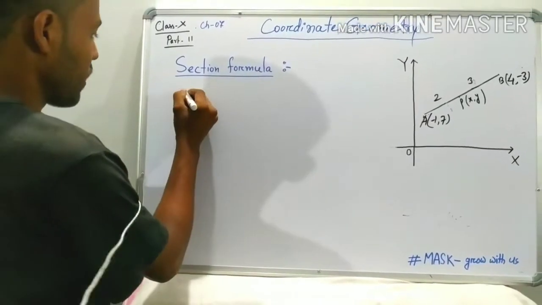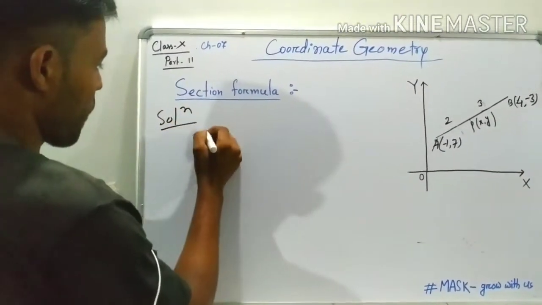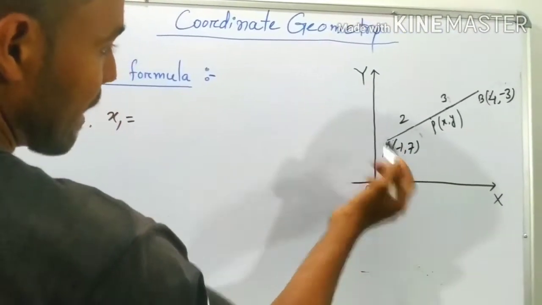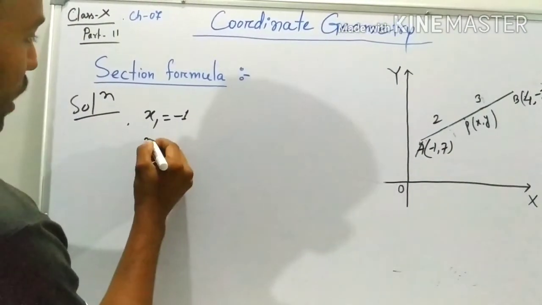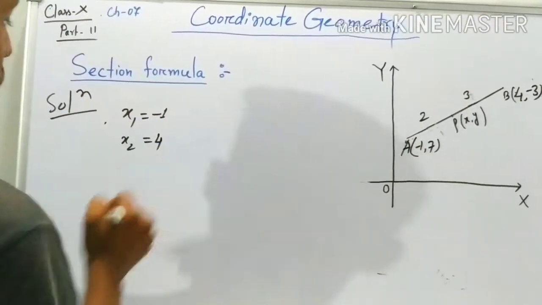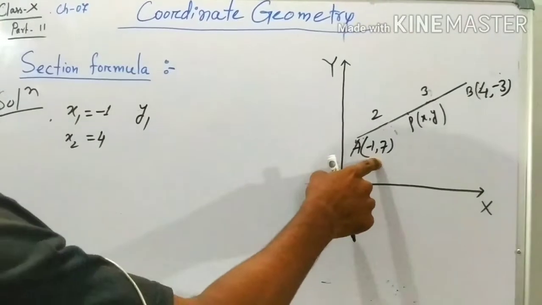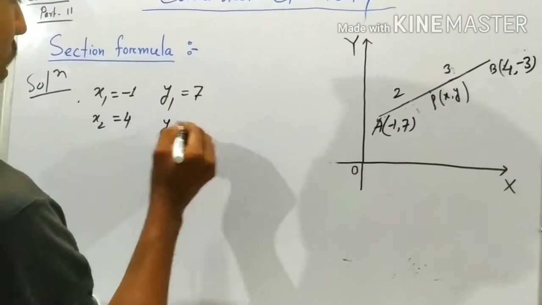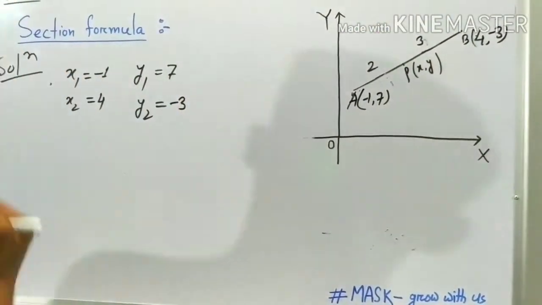So how are we going to calculate? For this we can write like this: x1 is equal to the x coordinate of A, and this is -1, and x2 is the x coordinate of the point B, so this is 4. y1 is the y coordinate of the point A, so this is 7, and y2 is the y coordinate of the point B, so this is -3.